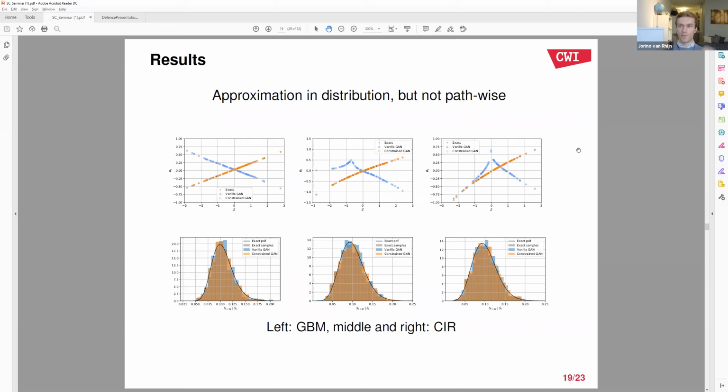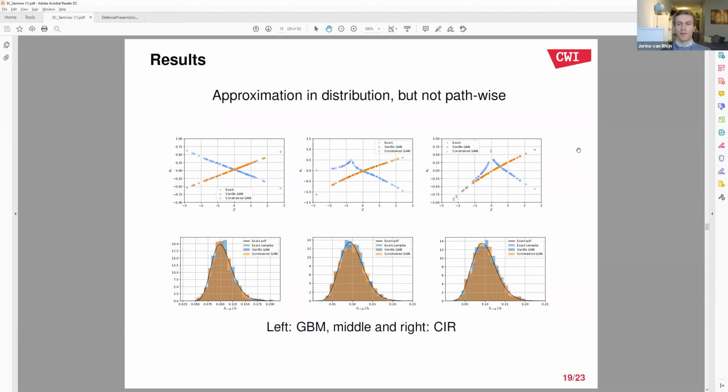To give an overview, I've made this slide. On the left, in the first column, you see the result for GBM. All these mappings roughly give an approximation to the conditional distribution, but they all correspond to very different maps in the plane of the output of the neural network and the random variable that we put in.